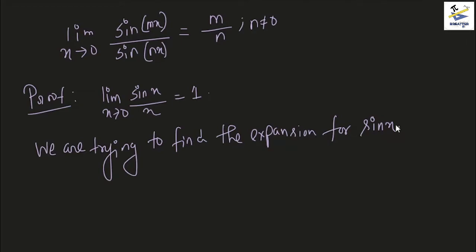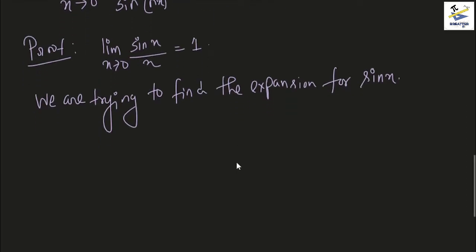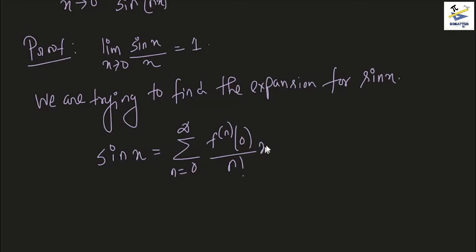Right. So we're trying to find the expansion for sin x, and to do that we again need to consider our Maclaurin series, which is like sine of x should be equal to summation n equals 0 to infinity f^n(0) by n factorial into x to the power n.